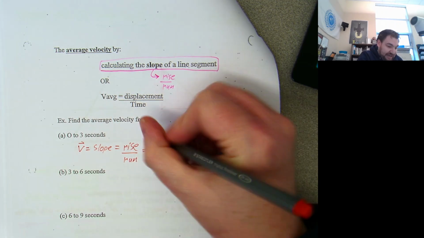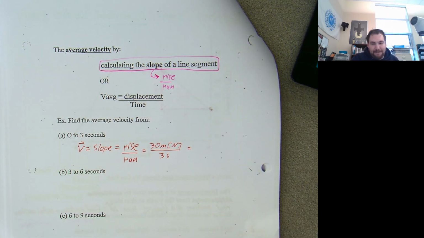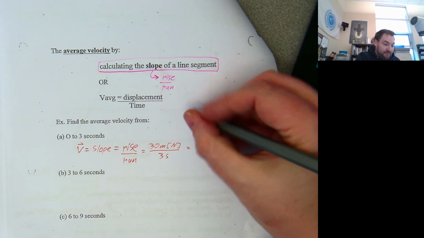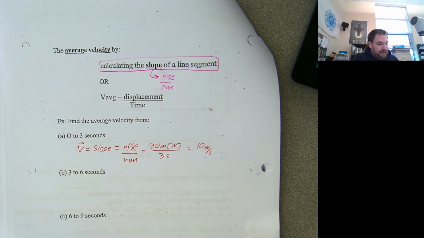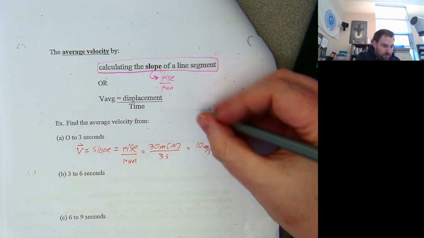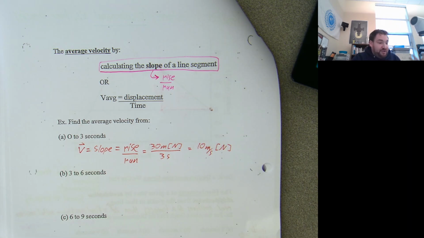The run was the length of time, so 3 seconds. So average velocity is what? 10 meters per second, and it's velocity, so you need north. We found the slope of a line segment.